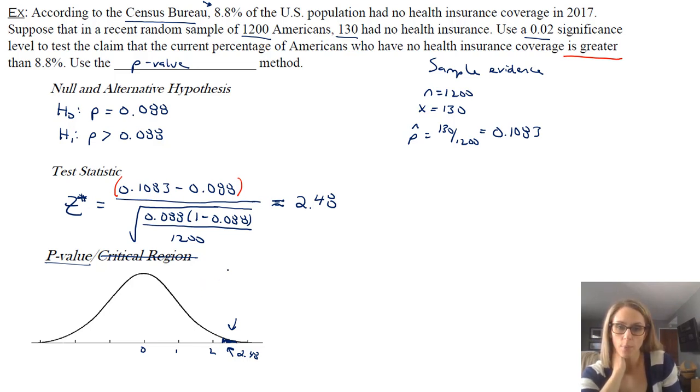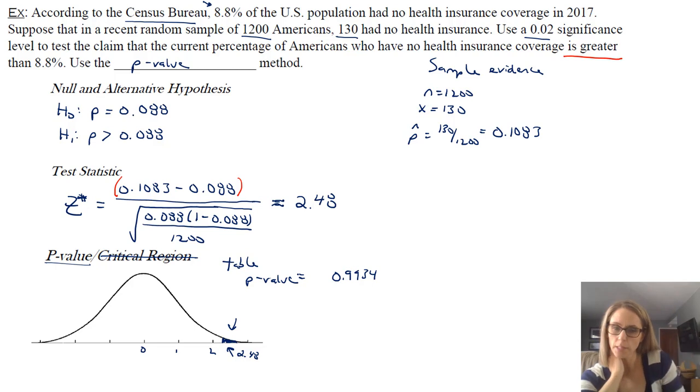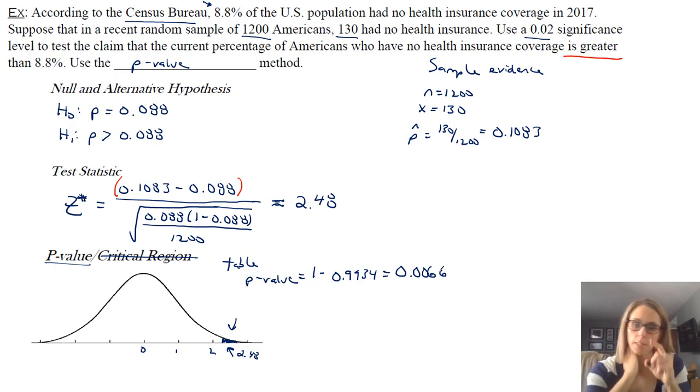If you go into the table and look up 2.48 on the positive side, that's going to give you area to the left, so it's a very big number: 0.9934. However, we don't want the area to the left. We want that little teeny area to the right. So we're going to go 1 minus, because we want the area to the right, like stuff we've seen in chapter 7. So 0.0066, a very small number.